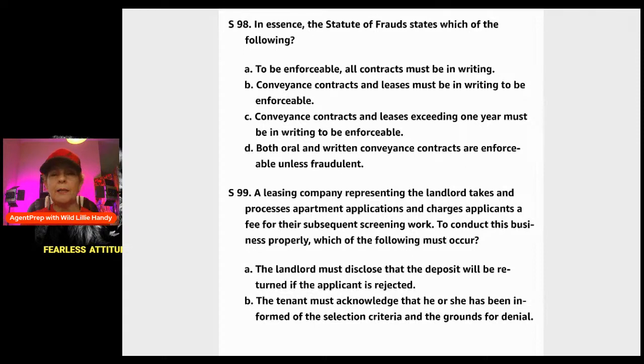So keep that in mind. Leases less than a year can be oral. So in essence, the statute of frauds states: conveyance contracts and leases, so any property that's going to be conveyed, signed by a seller, and leases that are being rented, exceeding 1 year must be in writing to be enforceable.